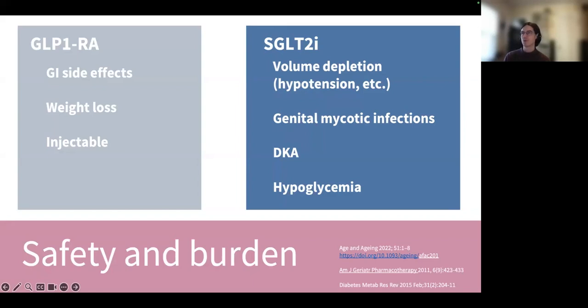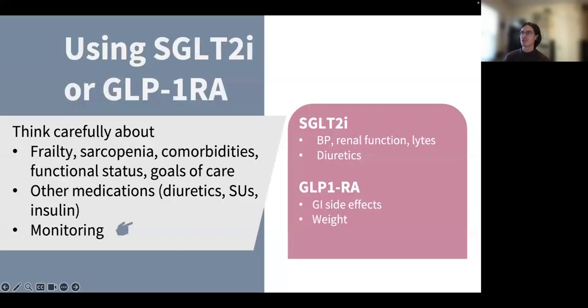And so if we have individuals where we might be concerned about the potential for hypotension, that can certainly be a consideration. So again, the safety data that's available from clinical trials may not reflect the risk in these frail older adults where some of these adverse effects are particularly concerning.